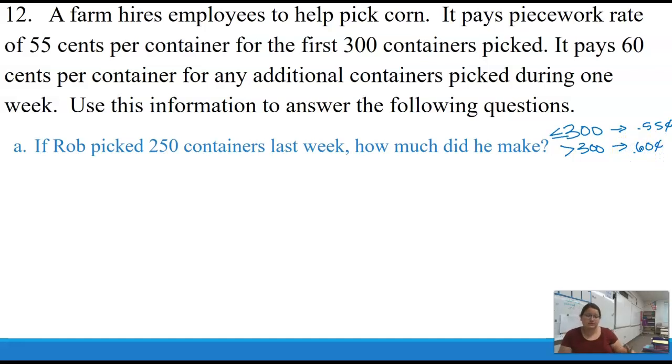They're only paying you 60 cents for the additional containers. So this first question, it's 250, which is less than 300, so we can just use this first calculation. We have 0.55 times 250. So Rob made $137.50.